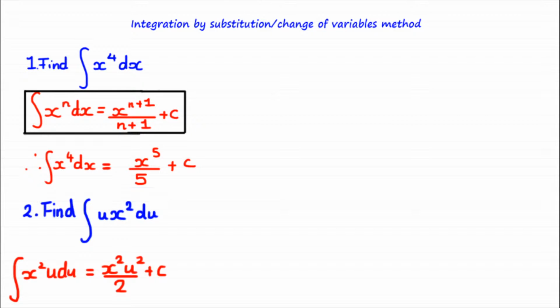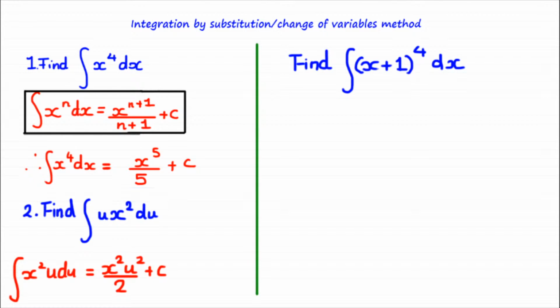Now let's look at integration by substitution. The method behind it is first to recognize that the integrand you are trying to evaluate is not standard. It's not something you can easily just add the power and divide by.